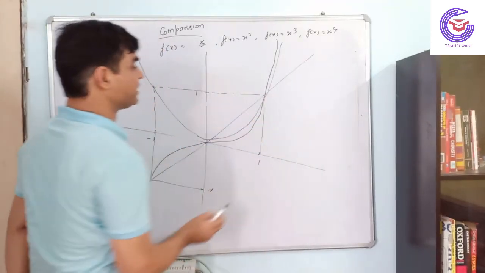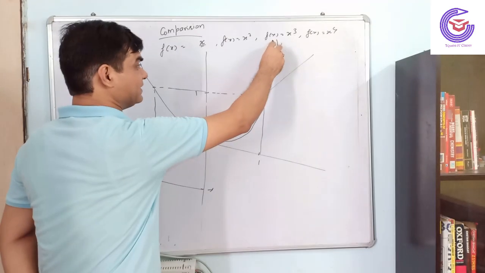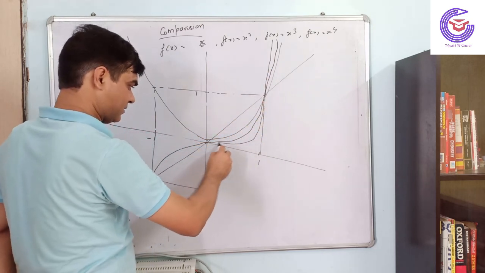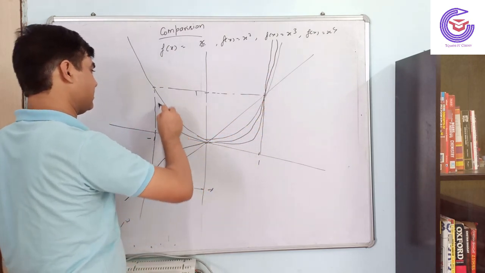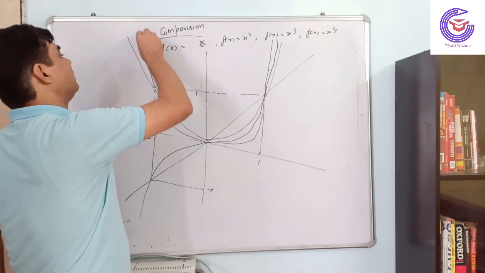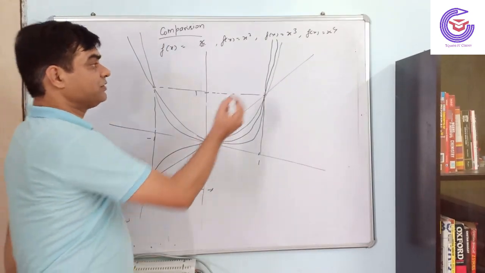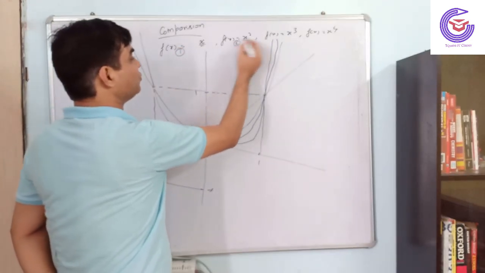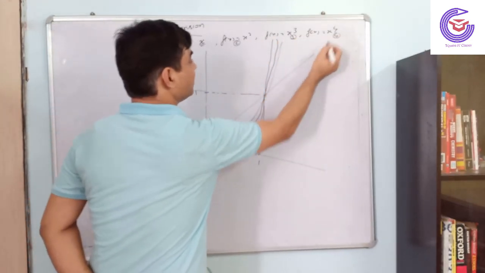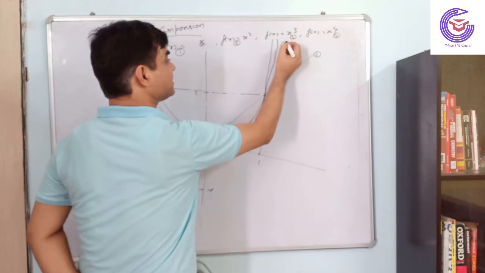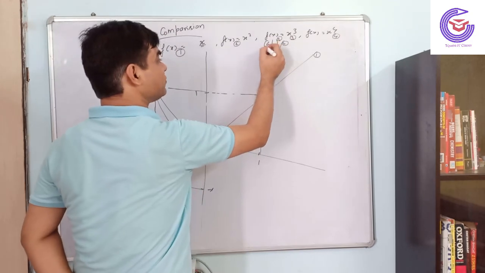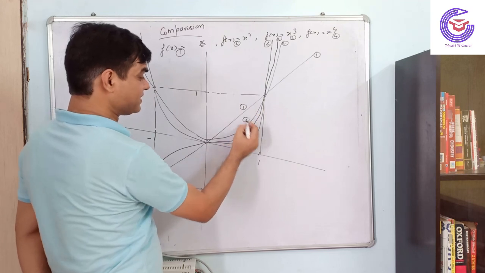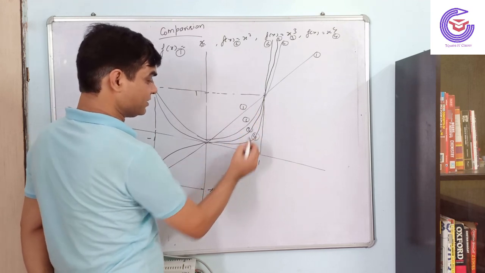Okay, f(x) is equal to x to the power 4 will look something like this. Okay, so if I put numbers 1, 2, 3, 4, this is your first one, this is the second one, this is third, last one is the fourth.